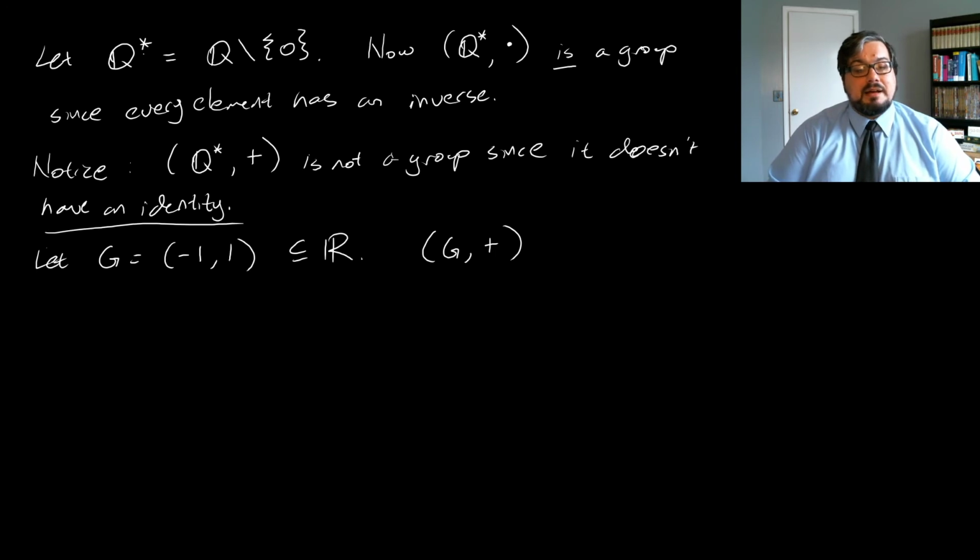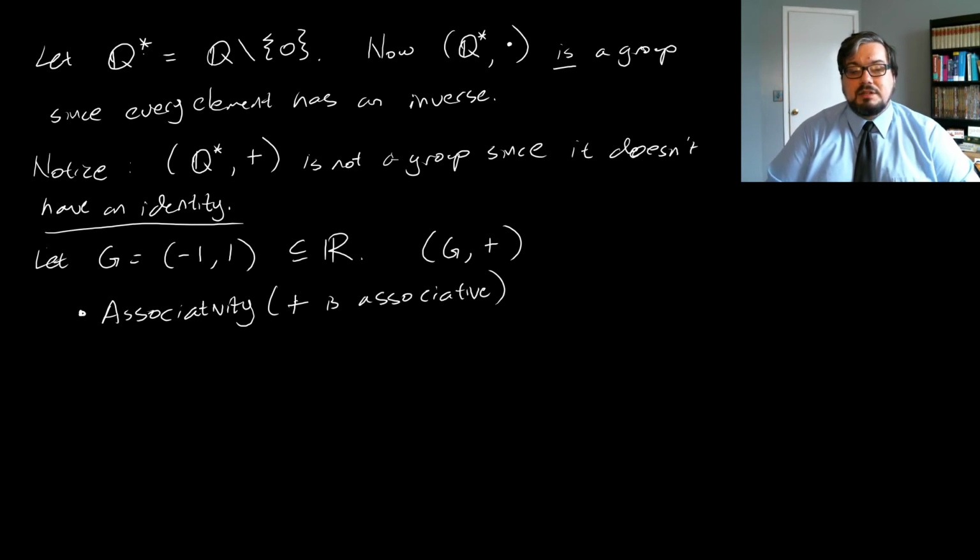So this pair has associativity, because we know that addition is associative. So we have associativity. We actually have an identity.